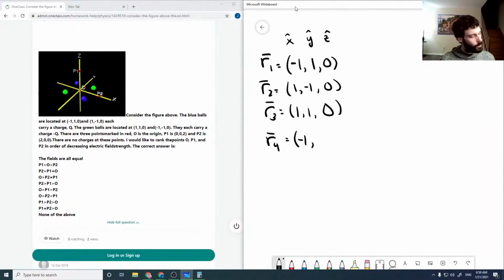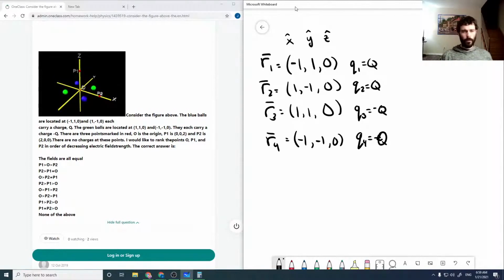So we have 4 charges with charge Q1, Q2, Q3, and Q4.